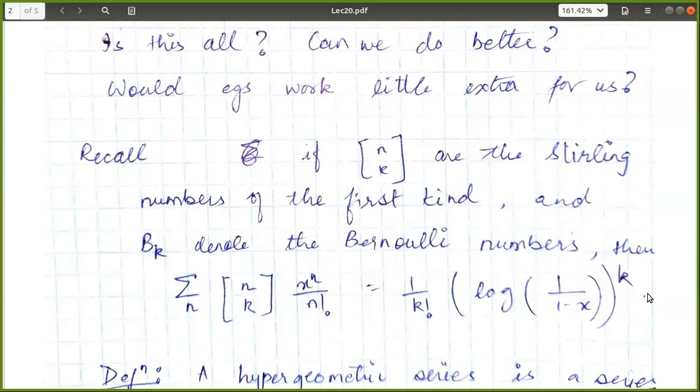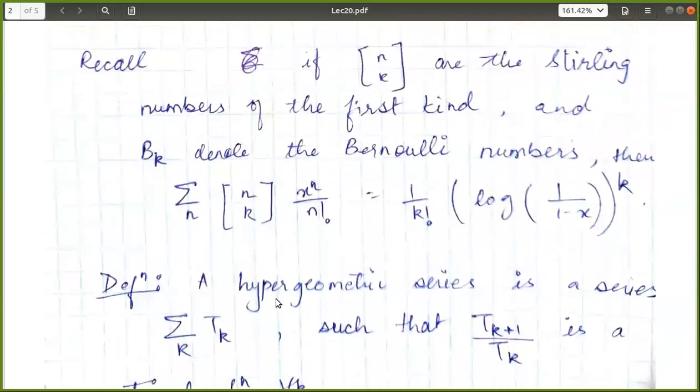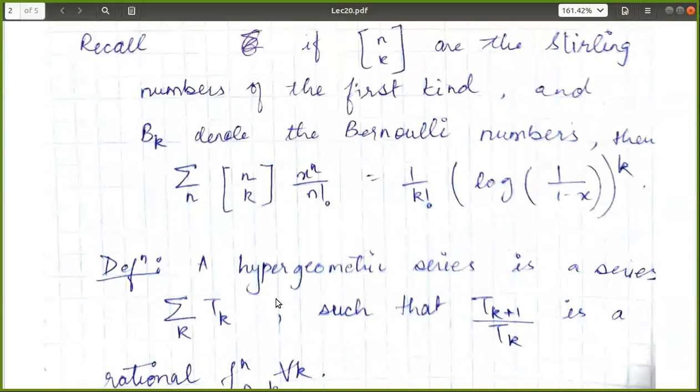This is the identity which I am stating. You can try to prove it also; it comes from the definition of Stirling numbers and the Bernoulli numbers itself. And then proceeding further, what is a hypergeometric series? It's a series summation of t_k such that the ratio of any two consecutive terms is a rational function.